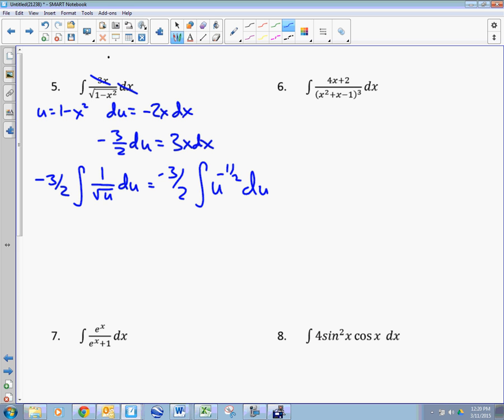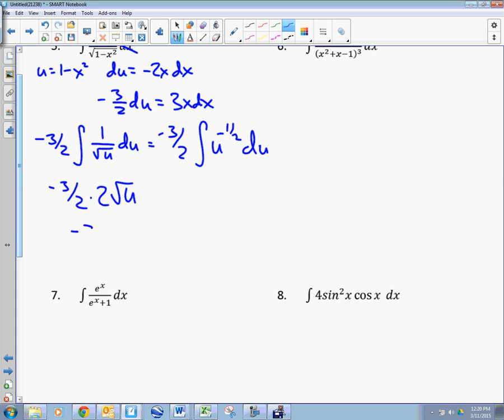U to the negative 1 half, antiderivative, u to the 1 half over a half, or 2 roots of u. Negative 3 halves times 2, negative 3 roots of 1 minus x squared plus my constant.